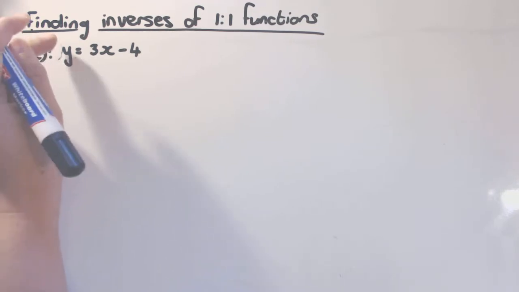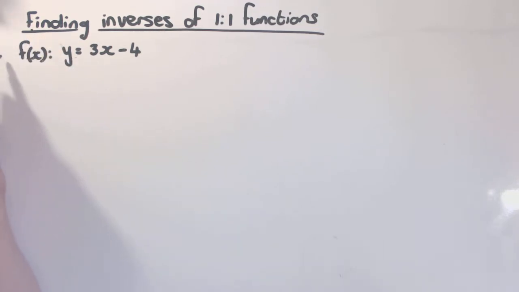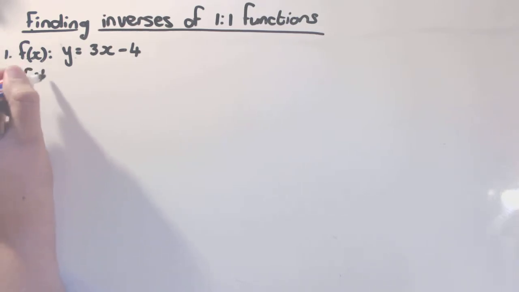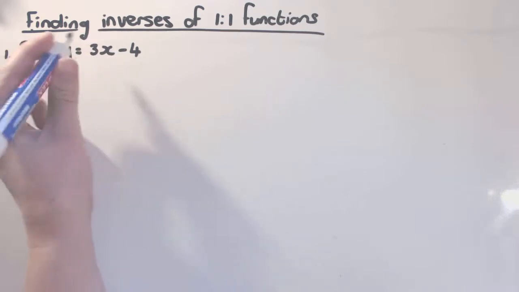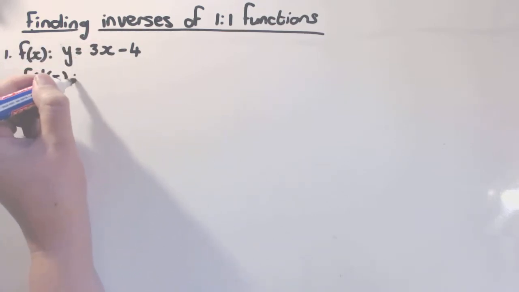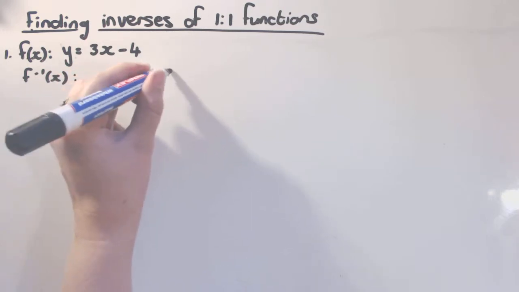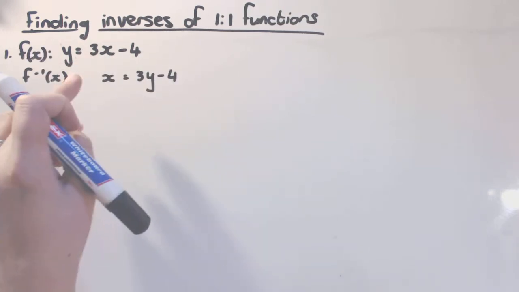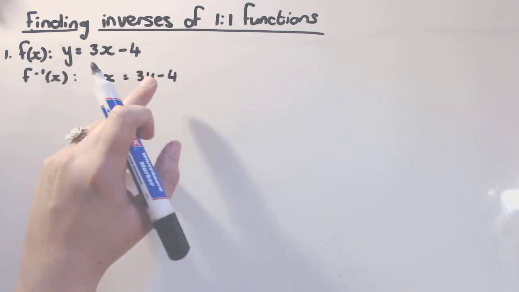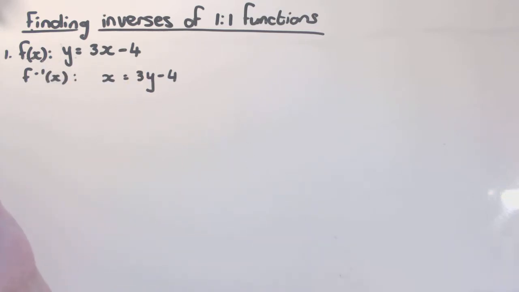Then what I want to do to find the inverse of this function, I'm going to swap the y and the x value. So this becomes x is equal to 3y minus 4. And then I just rewrite it in standard form. So I want y alone again. That's all I do really.